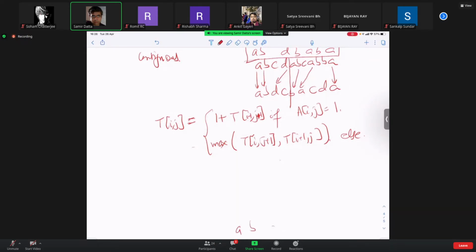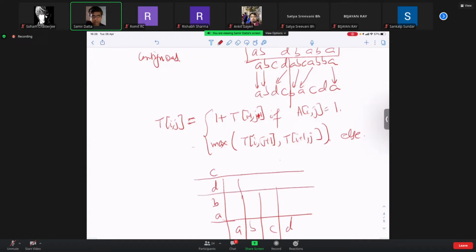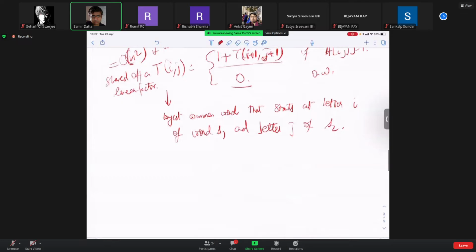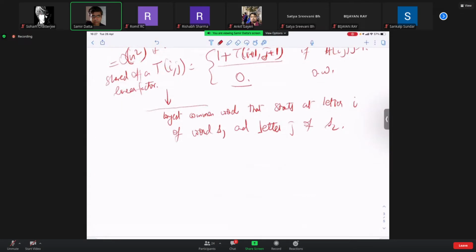So A, B, C, D. And here we have A, B, D, C. Let's say this. And again, we have the same invariant, slightly variant invariant, that longest common subsequence.